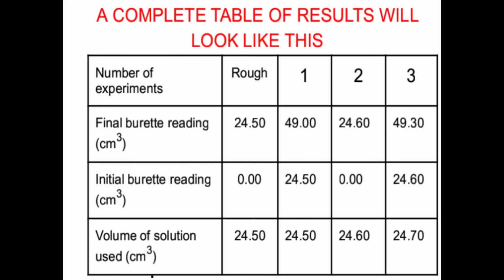Then another thing here we should look at concerning the table, we should also be careful when you are titrating so that we get accurate results. So we get accurate results only when we have been careful. So that's all about that table.